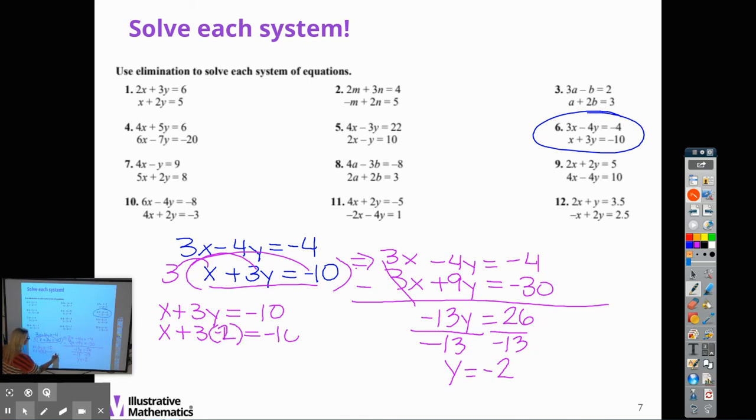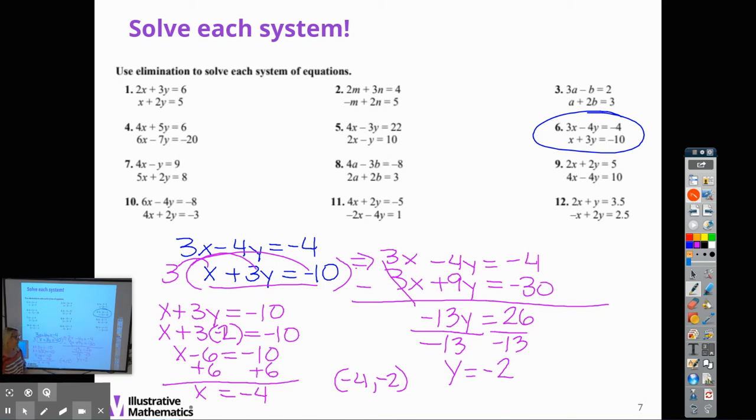Let me say that. And so 3 times negative 2 is negative 6. So x minus 6 equals negative 10. Add 6 to both sides. And x equals negative 4. So our solution is negative 4, comma, negative 2.